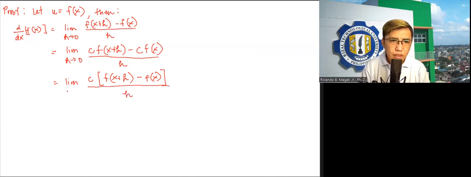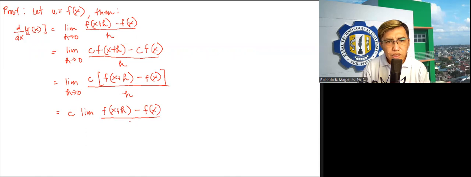And since we have a constant here, the limit of a constant times a function suggests that we can transfer c before the limit, getting the limit of the function. So this becomes c times the limit of f of x plus h minus f of x all over h, as h approaches 0.